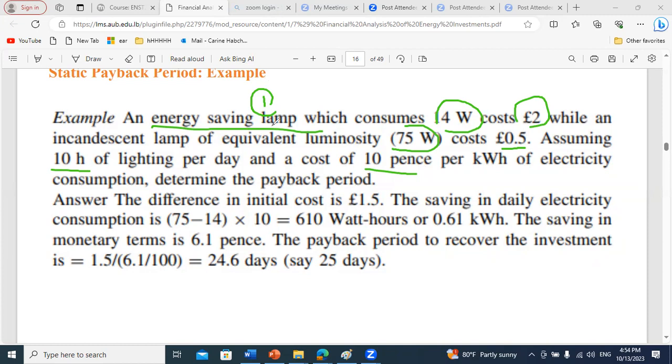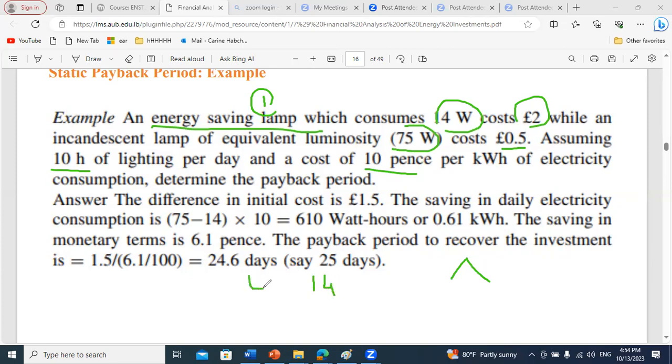So as we mentioned before, whenever you compare two alternatives, you need to compare the difference between them. So in order to see what the difference is, we have that lamp 1 is characterized by a lower consumption, because it needs only a power consumption of 14 watt.